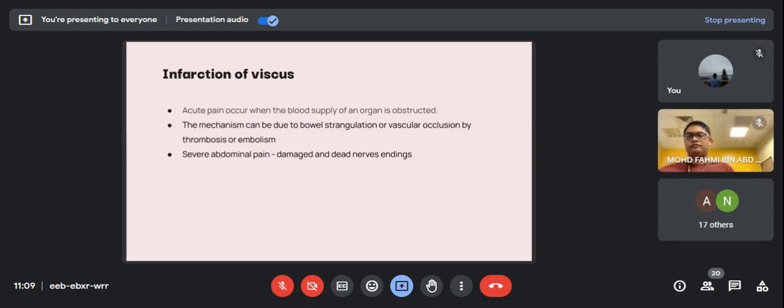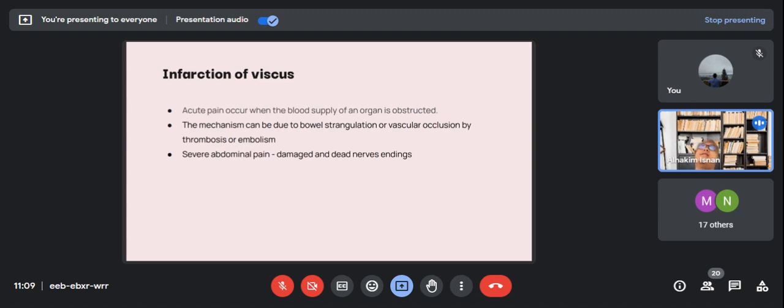So that is the infarction of certain organs or certain parts of the gastrointestinal tract, which can lead to abdominal pain.